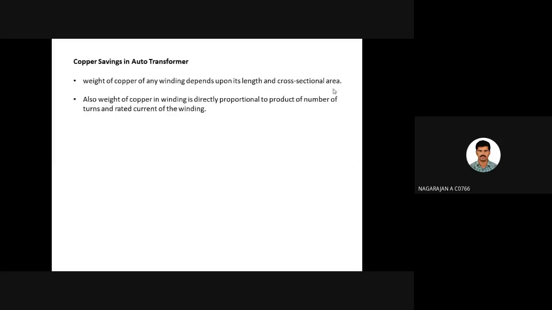So that is what these two sentences are saying: the weight of copper depends on the number of turns and the current passing through the winding.